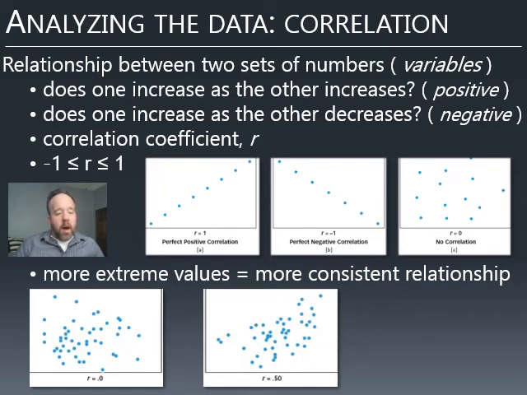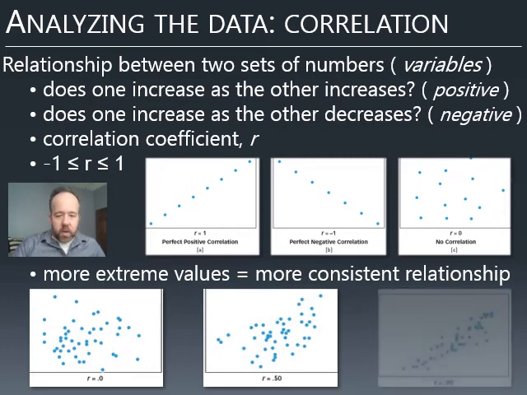An R of 0.5 would be a positive correlation, but it's not perfect. So there's still some variability there. There's still something you haven't explained. You can't perfectly predict variable 2 given variable 1. You can give a range, you can give an estimate, but it's not a perfect relationship. So they have some relation between the two variables, but it's not totally predictable.